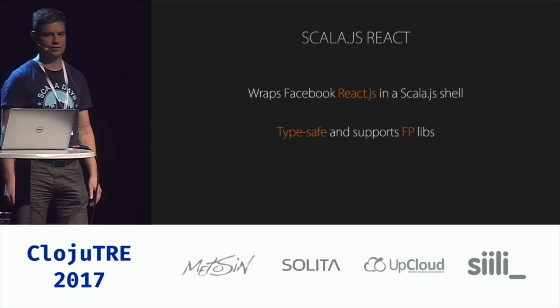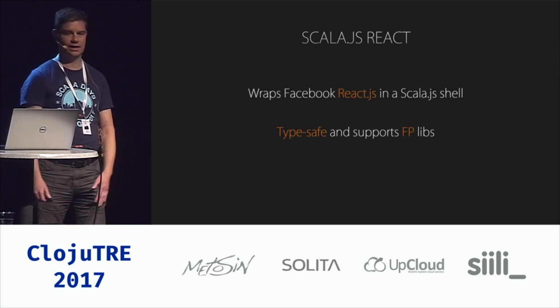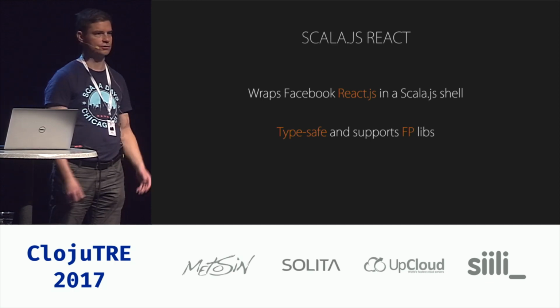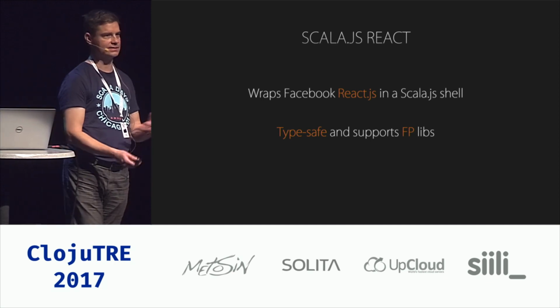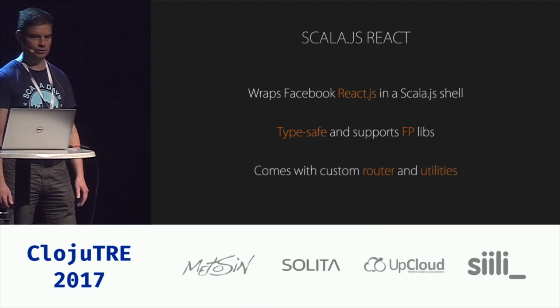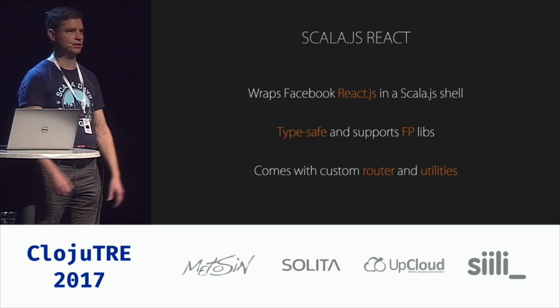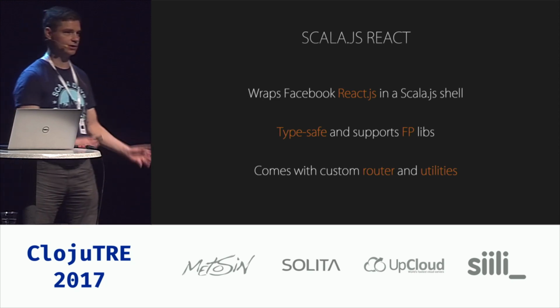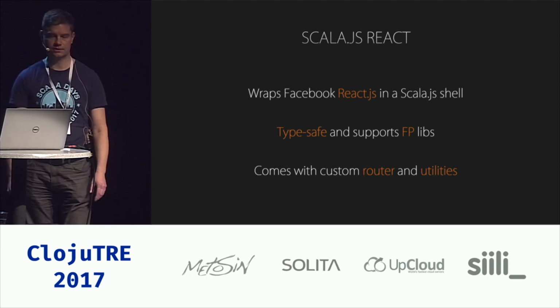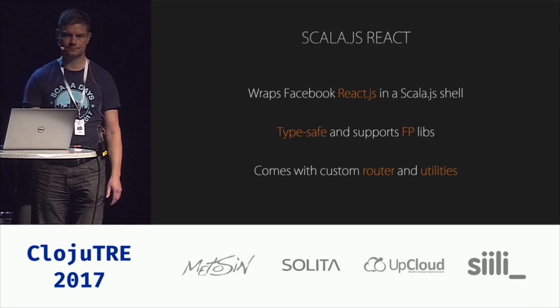With Scala.js React, you get type safety on top of React. You can get support for functional programming libraries, so you can use your state monad there. You can use lenses and so on to make things work smoothly. And it also comes with its own custom router and utilities, so you can get started right away instead of having 12 different dependencies to start developing your application.